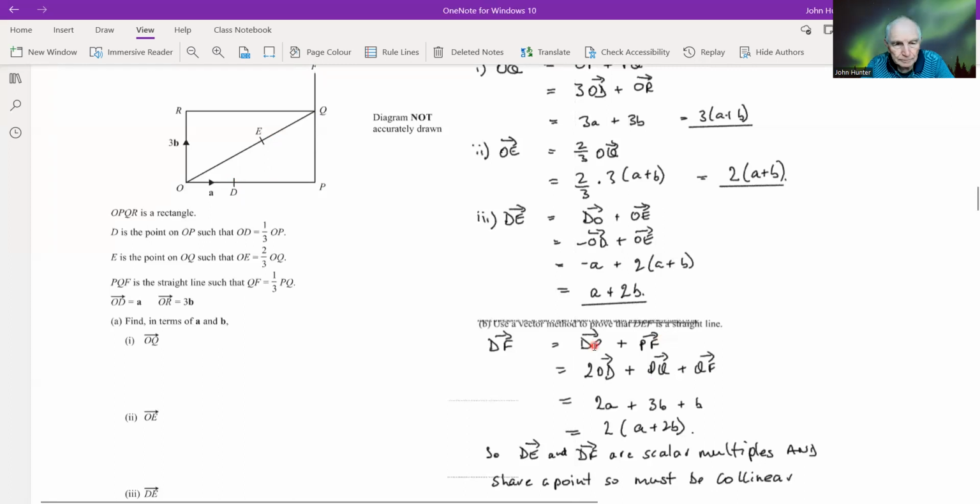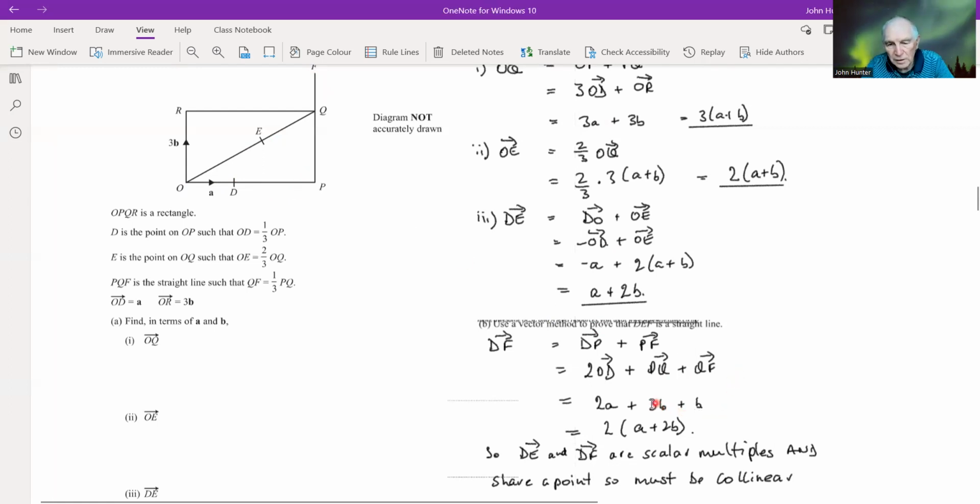Now DP, well, it's 2/3 of this whole OP thing here, isn't it? So that's actually two ODs, 2 times OD. So it's twice the value of vector OD. And then PF is going to be PQ plus QF.